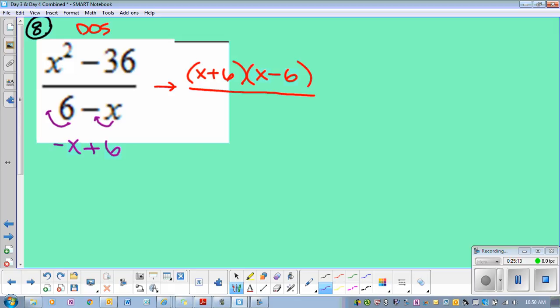So if I look at this, x minus 6 is really negative x plus 6, right? And guys, the SOLs, they love to do stuff like this. And even the E-card, they love this stuff, okay? Don't let it fool you, because what do you do if you have a negative in the front? Divide it. Yeah, you've got to GCF it out. So let's GCF this out. You divide everyone by -1, then you just get x minus 6, right?